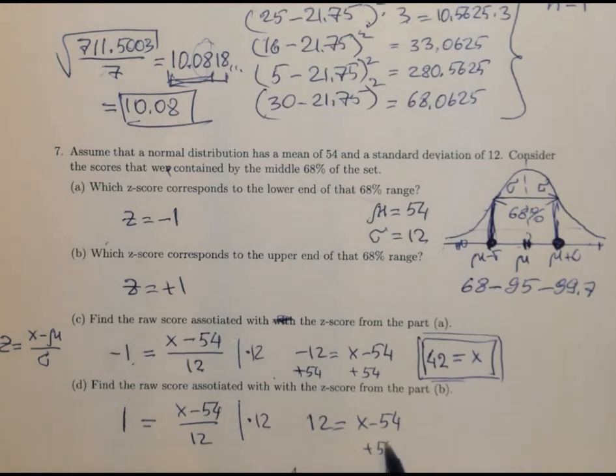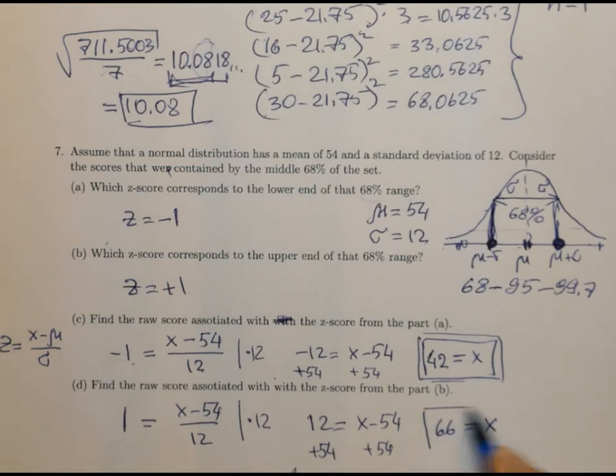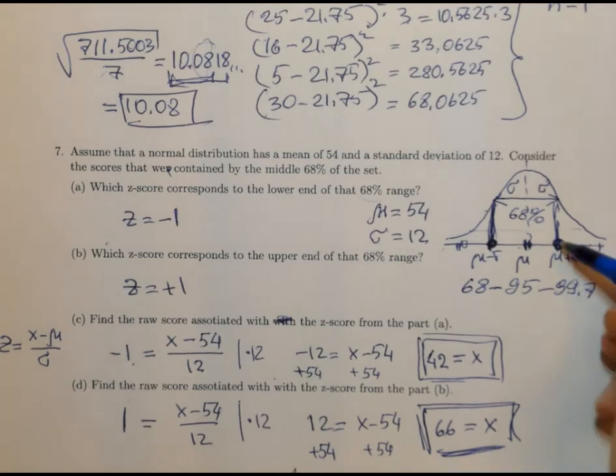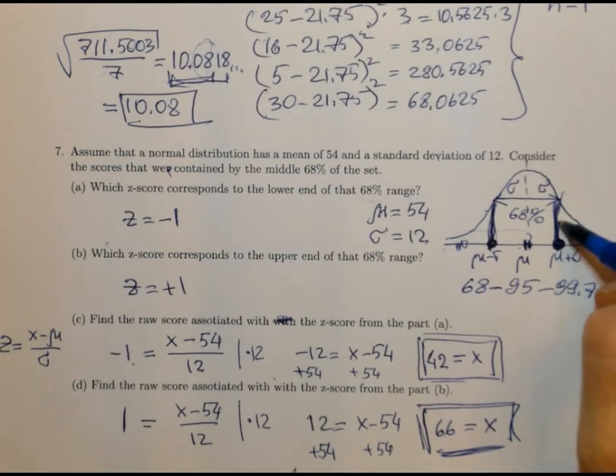Then we add 54 to the left and to the right and get x on the right equals 66. 66 is the raw score on the right end of the 68% interval.